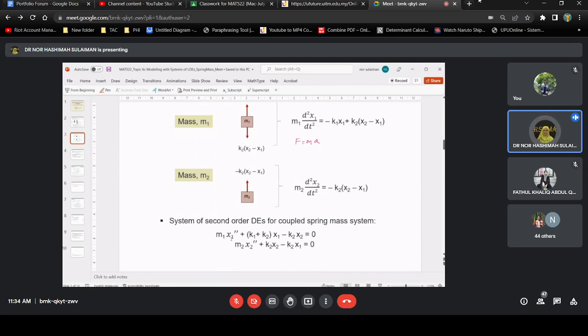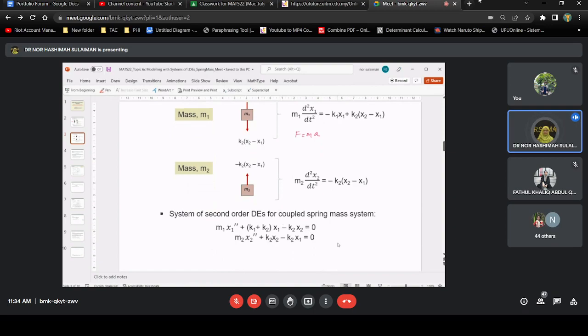So you have M1 X1 double prime plus K1 plus K2 X1 minus K2 X2 equals 0, and the other one is M2 X2 double prime plus K2 X2 minus K2 X1. I'm not going to explain how this model is derived, because the program will take time. This formula is already established for a spring mass system involving two springs and two masses.